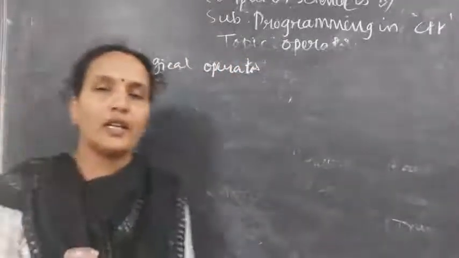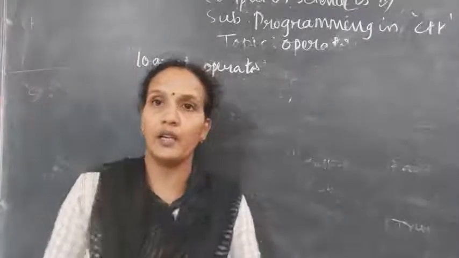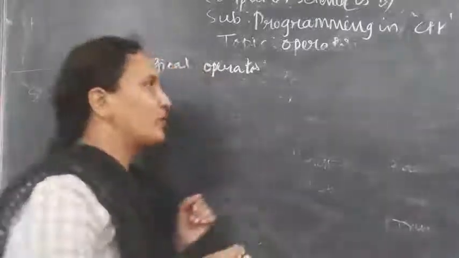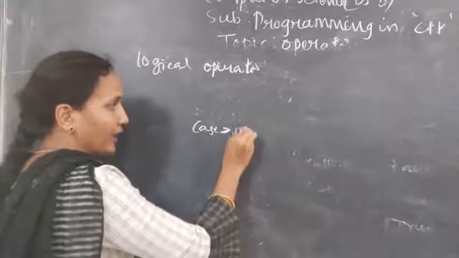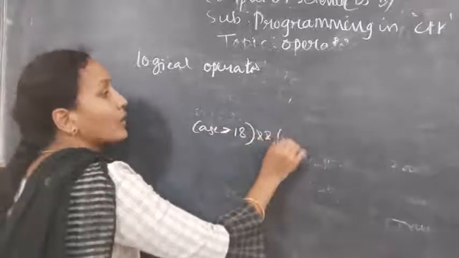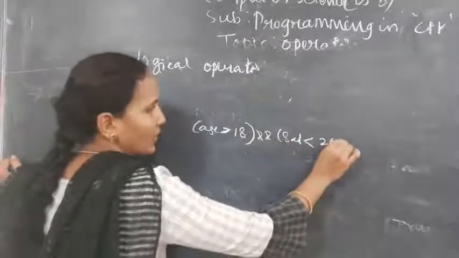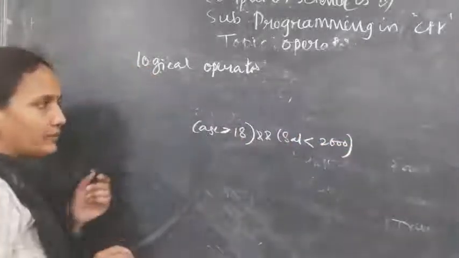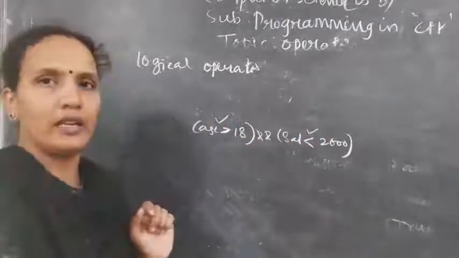I want to write a program which includes one condition, like whether the age of the person should be greater than 18 and the salary of that person should be less than 20,000. Here, how many relation expressions are there? This is a relation expression, and this is a relation expression.